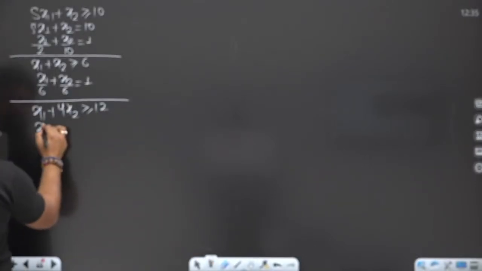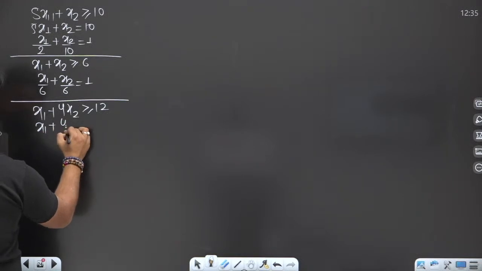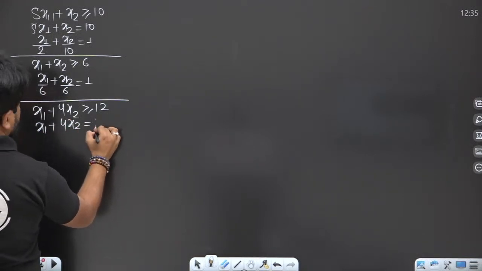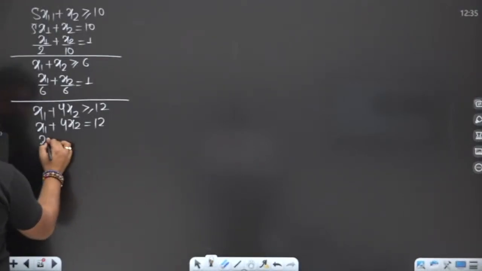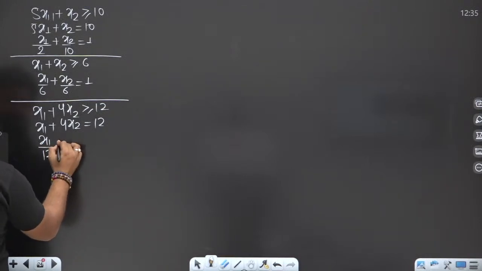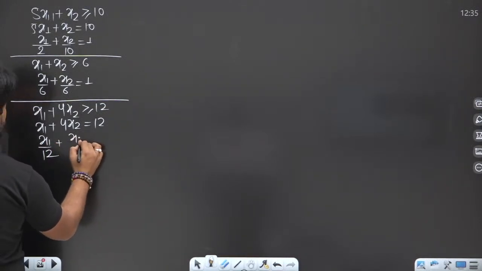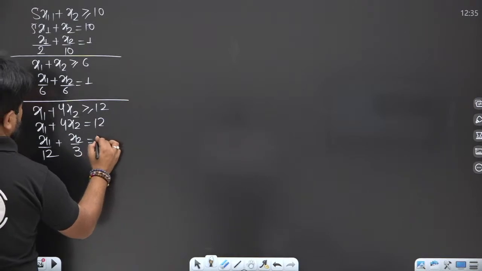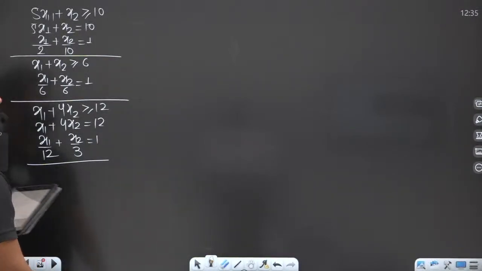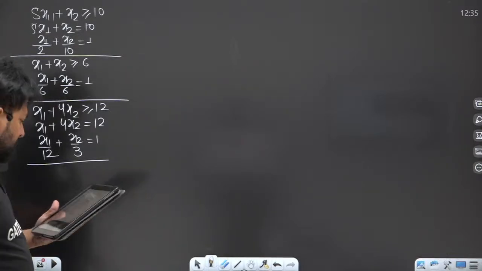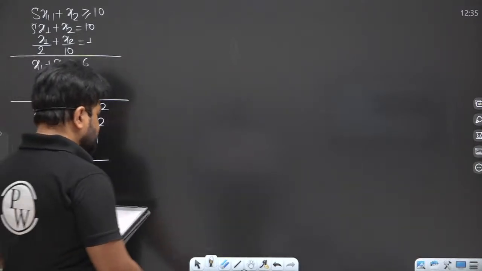Remove the inequality: x1 plus 4x2 equal to 12. In intercept form, x1 by 12, x2 by 3 equal to 1. Am I clear? Okay.